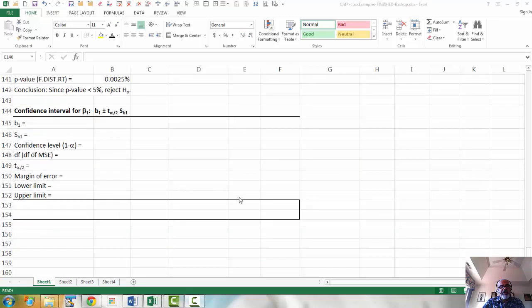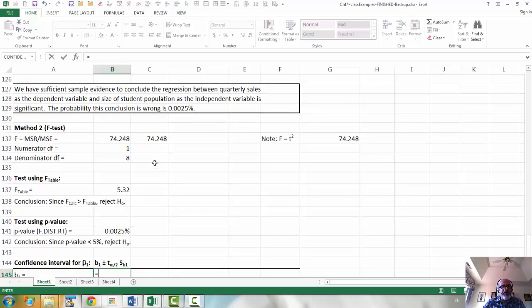Now let's look at developing a confidence interval for the slope coefficient. So this is the formula: b1 plus or minus the margin of error, where we multiply the T table value with the standard error of the slope coefficient, and we have all this information already computed.